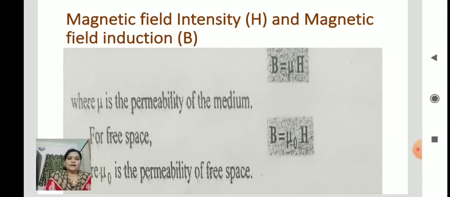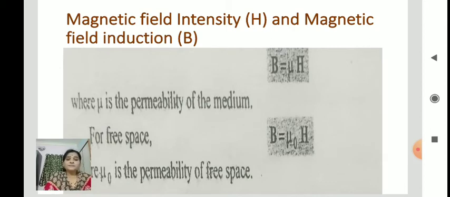It is the region around the magnet wherein a magnetic material experiences an attractive force. That field we describe as the magnetic field.